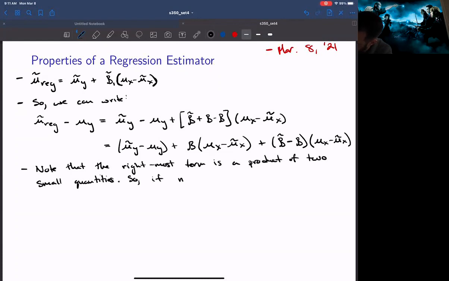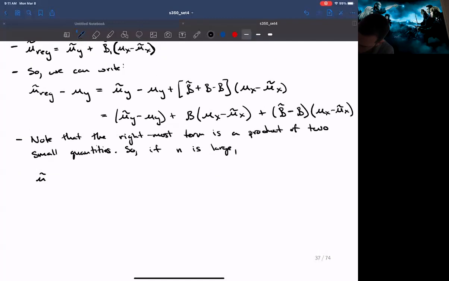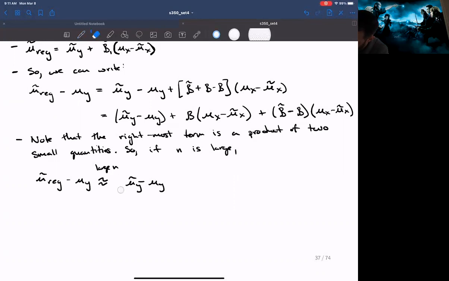So if n is large, mu tilde reg minus mu y is approximately equal to mu tilde y minus mu y plus beta 1 times mu x minus mu tilde x. Okay.